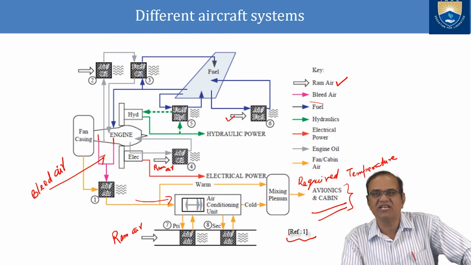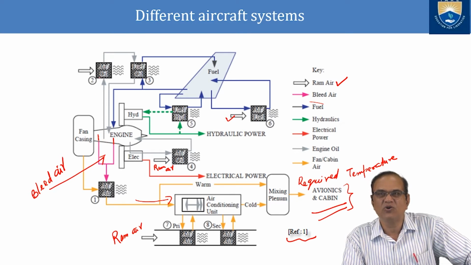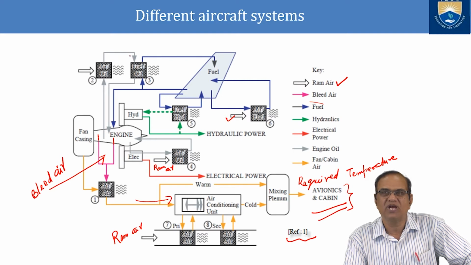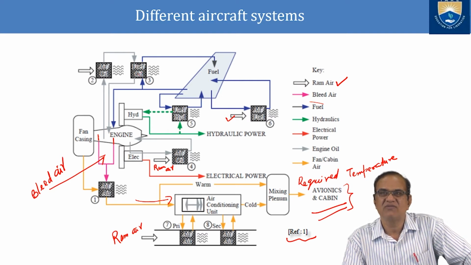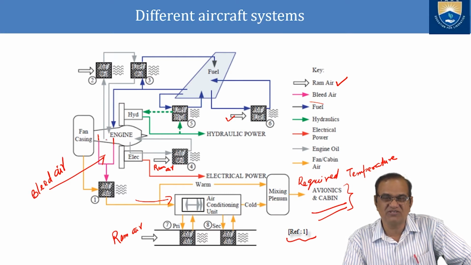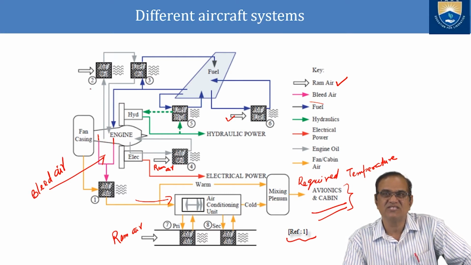This hot engine oil will go to this air cooler. From here the ram air will go, and this ram air will cool it. Then it will go to the fuel oil cooler, and it will go again. Cooled oil will go again for the lubrication of the engine bearings, and in this way this system is working.